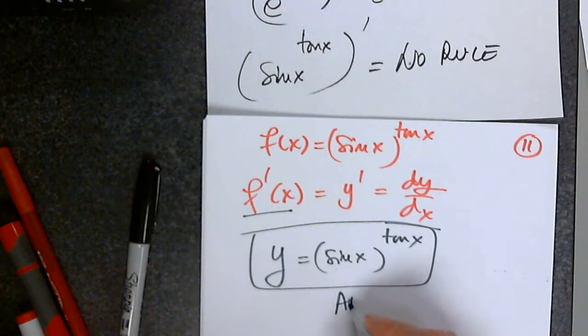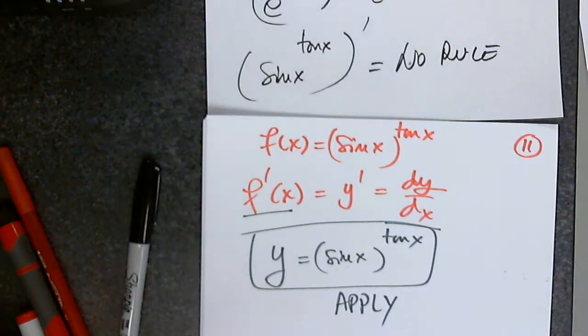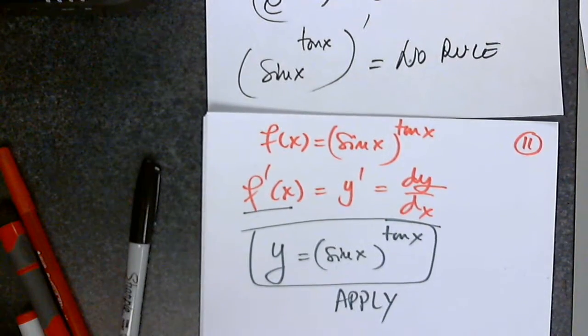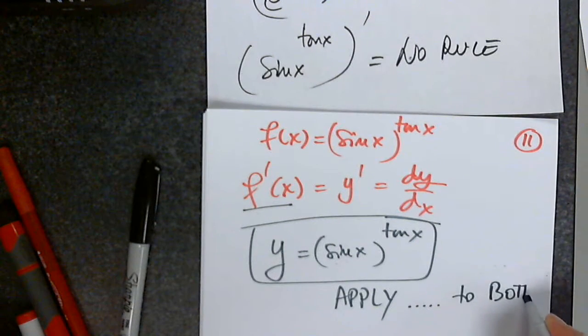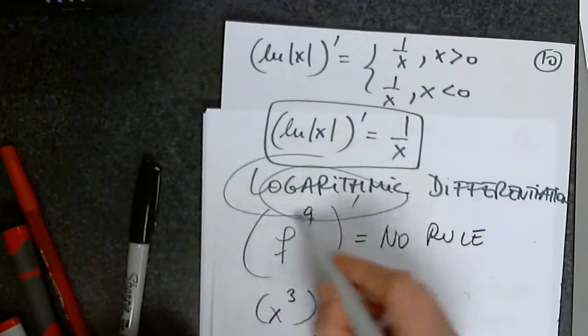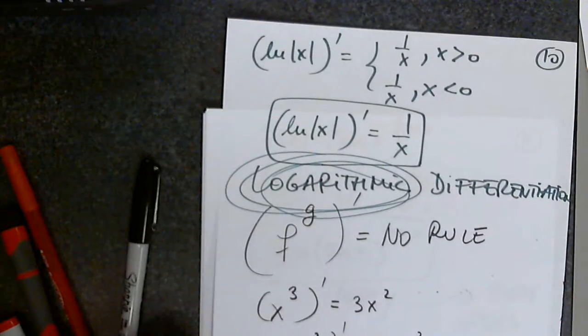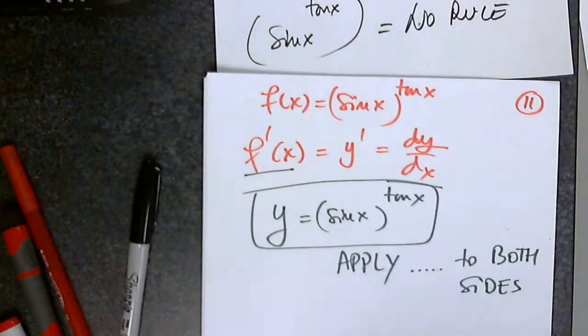So since I cannot differentiate this, I'm going to apply, what do you think, to both sides? And let me give you a hint. Log, indeed. I'm going to apply log to both sides.